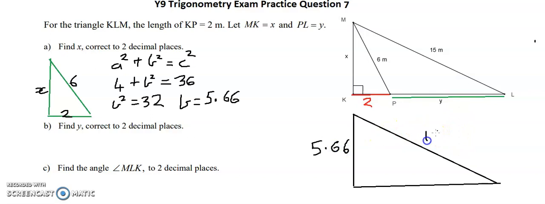I know my hypotenuse is 15. And I don't know what K to L is. So I'm going to find that out now. So this will be my A, this will be my B, and my longest side is C.